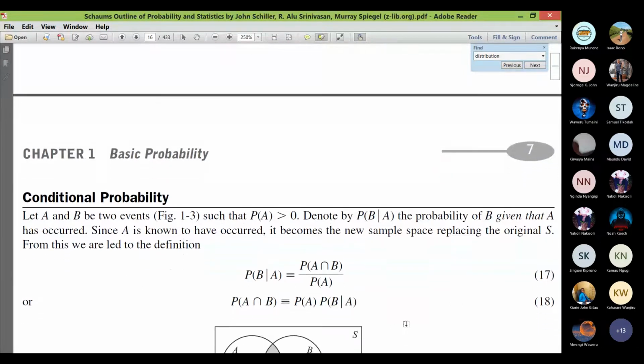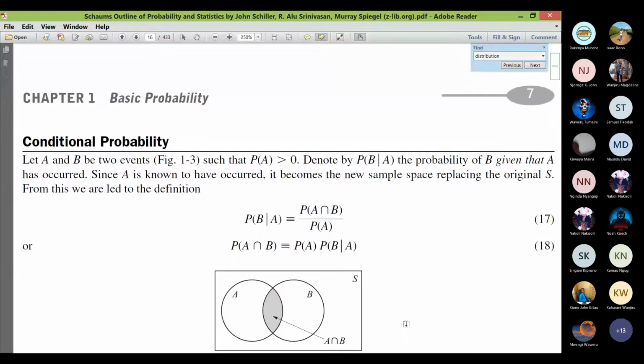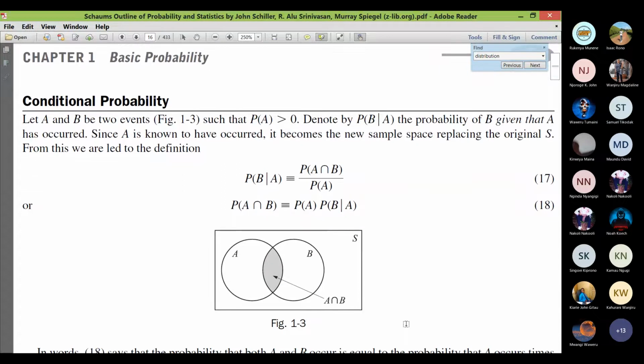This is where we'll start next week: conditional probability. Any question? As we continue, we'll also talk about tree diagrams. A tree diagram is just a graphical depiction of dependent and independent events. I'm sure some of you are familiar; if you did Form 4 well, you must remember the tree diagrams we were using.